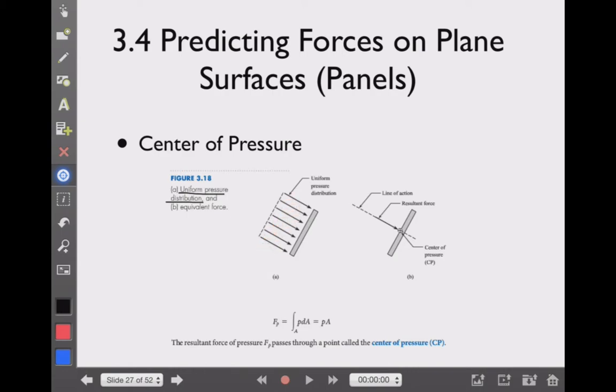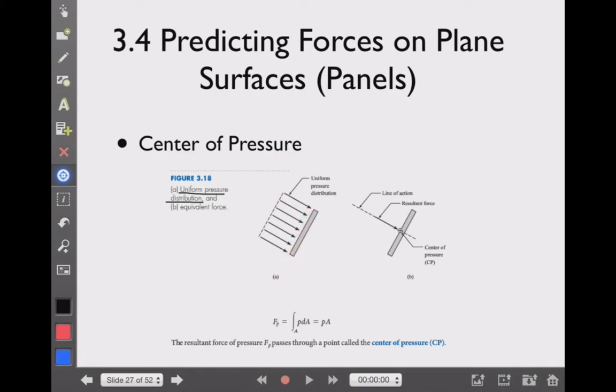Now this might be, if we kind of turn this on its edge here, so that these lines were pointing down vertically, this might look like the pressure distribution at the bottom of a tank of water, like we discussed in class. And so this is a uniform pressure distribution, so the pressure is the same across this whole panel.